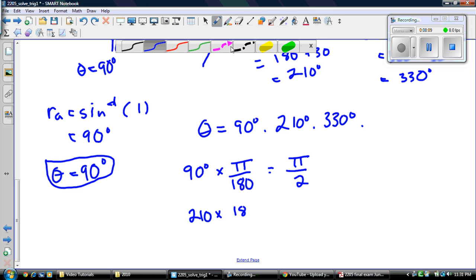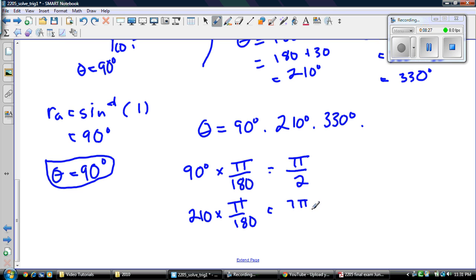Then 210 times, all right, I made a mistake there, I've got to fix that. So 210 times, again, the same thing, pi over 180. So 210 over 180 as a fraction is actually 7 pi over 6. And then you've got 330 times pi over 180, which is going to be 11 pi over 6.